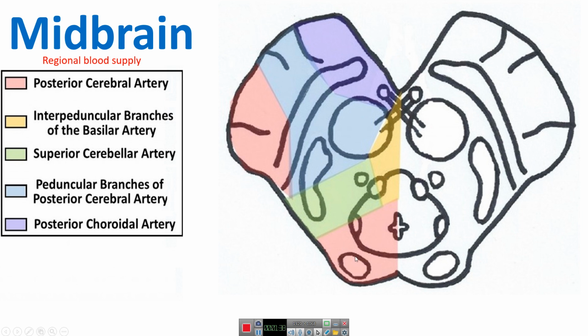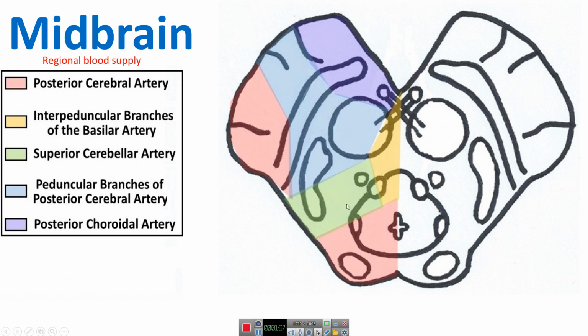The most posterior part here in this color is the posterior cerebral artery supplying the tectum and the part beside the central canal. The interpeduncular branches, paramidline of the basilar artery.